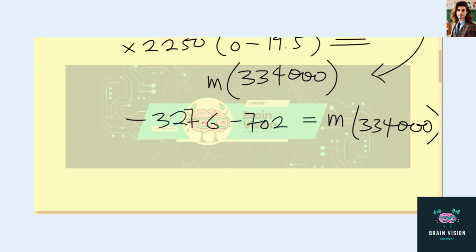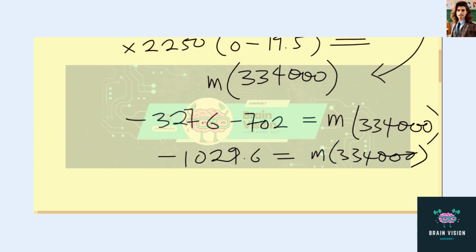So now when we do this, we have negative 1029.6 is equal to m times 334,000.